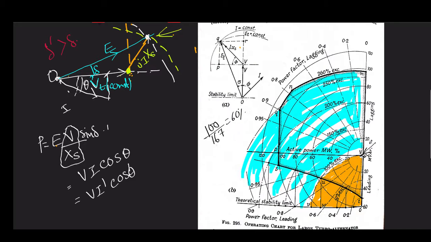Then the obvious question that comes to your mind is that there is no bound, we can keep on increasing the field current to any value. Here we can see 250 percent, 260 percent. Can't we make it 300 percent or something? Or if it is only 260%, what was the factor that limited it to only 260%, not beyond that?